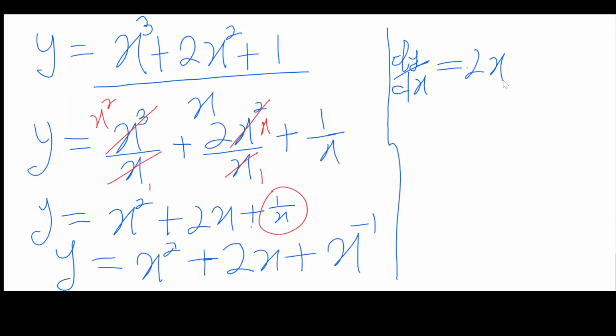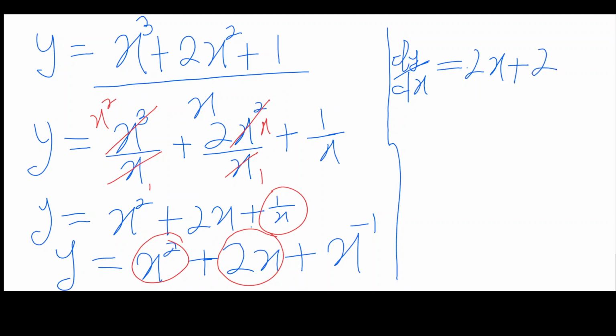Then we subtract the power by 1. So that's me simplifying this to get 2x. Then also differentiating this is going to give me plus 2. So we have plus 2.